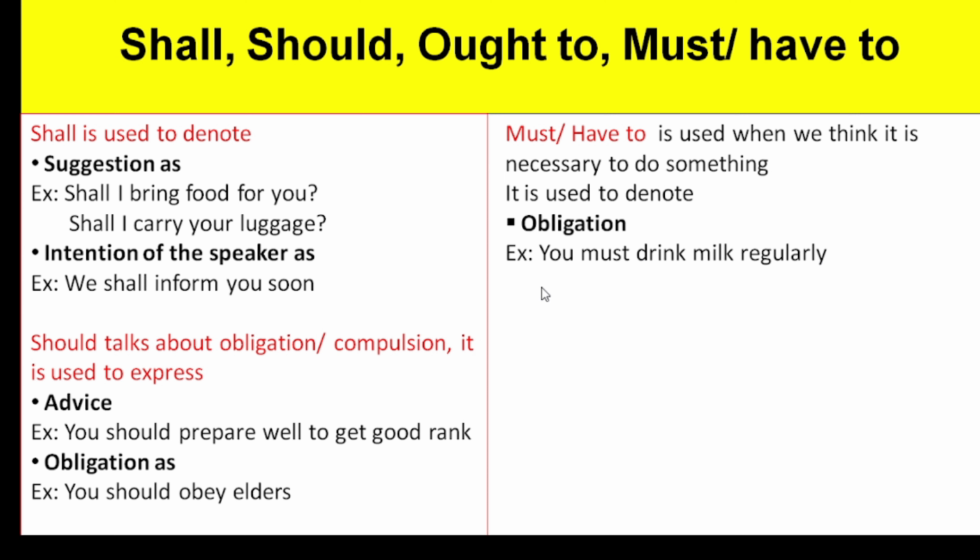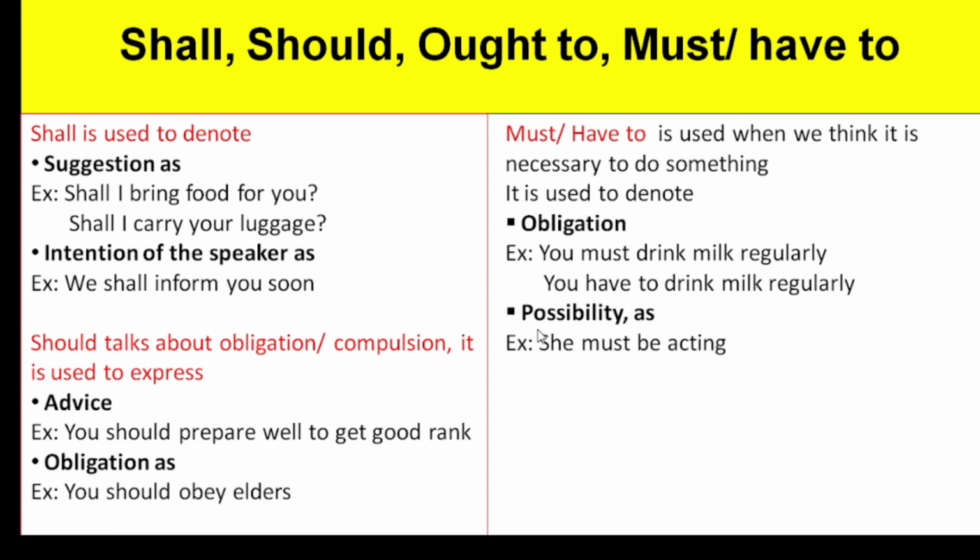From the point of view of somebody's health, you can give this kind of obligation. So, you have to drink milk regularly. Here you must drink milk or you have to drink, both can be acceptable. Even for possibility we use must or have to, right? She must be acting, you must be joking.